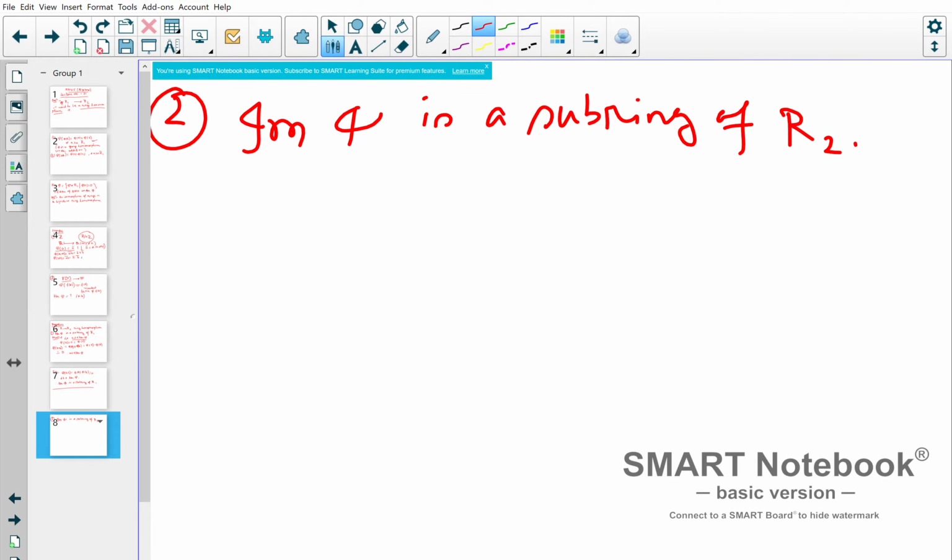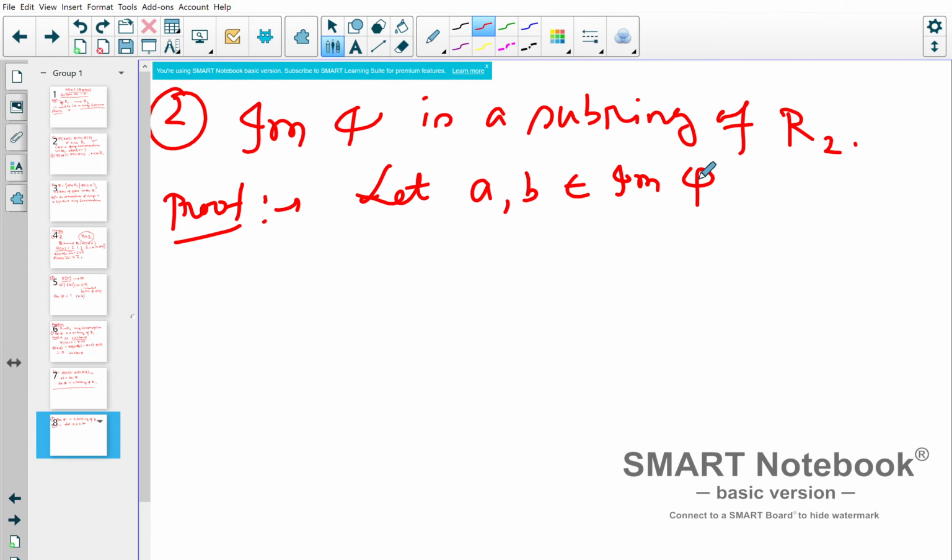Again the proof is simple. So how to prove it? What do you need to prove? Let a and b belong to the image of phi; then a minus b and a times b belong to the image of phi.